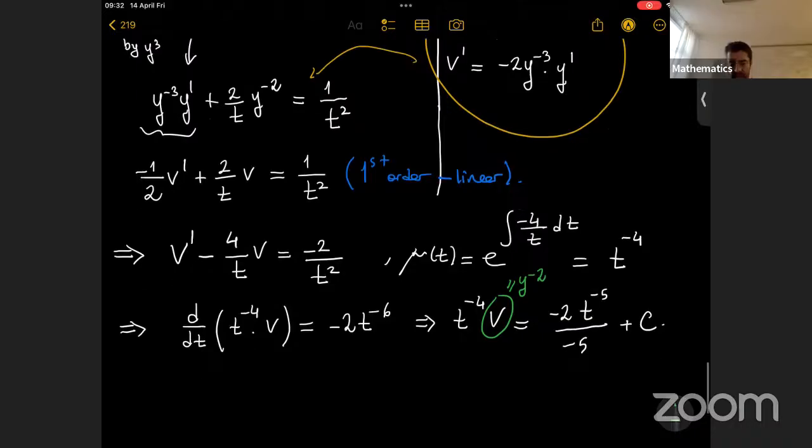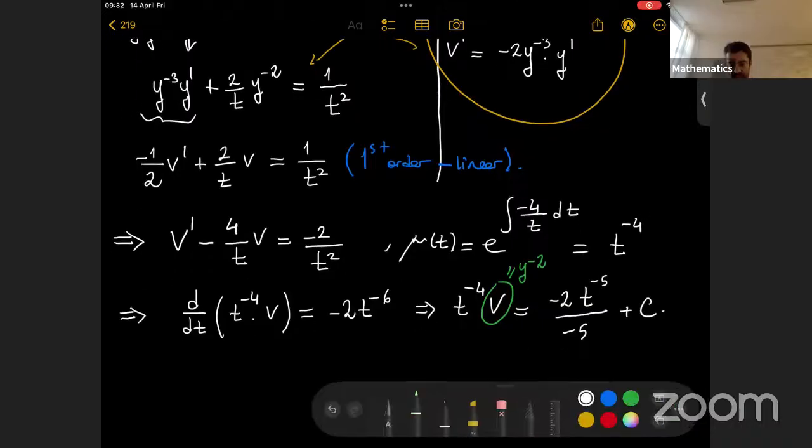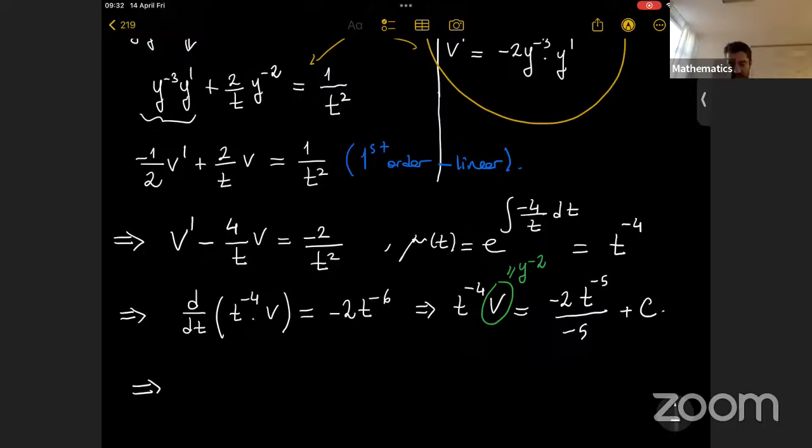And you can obtain y from here, right? This implies 1 over y squared is equal to 2 t to the minus 1 over 5 plus c times t to the 4. Or you can say, maybe let's leave it here.